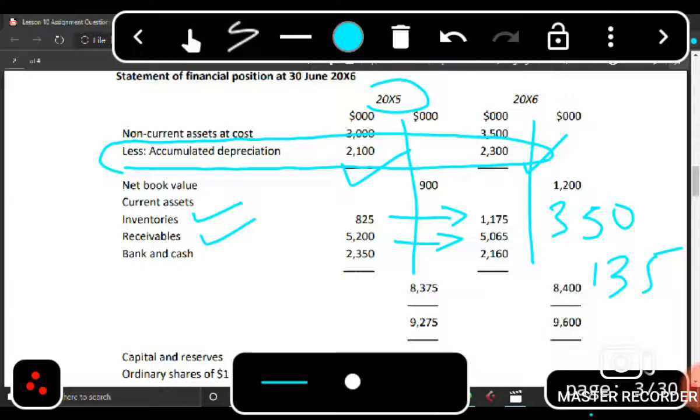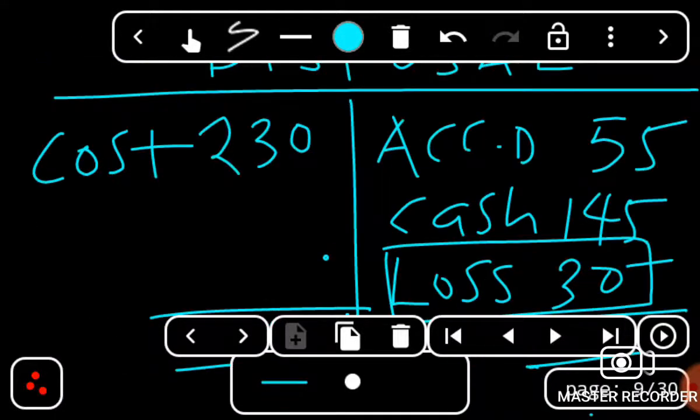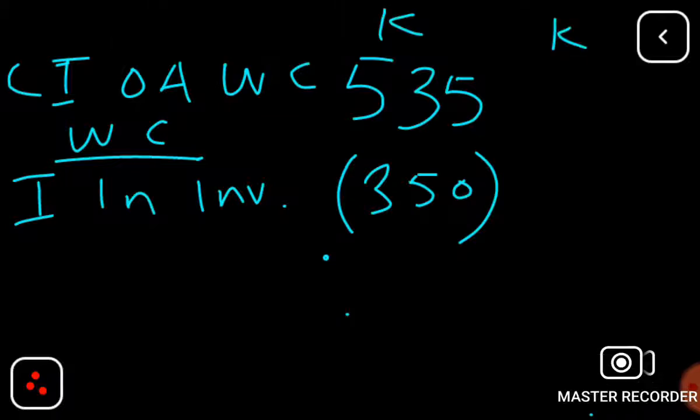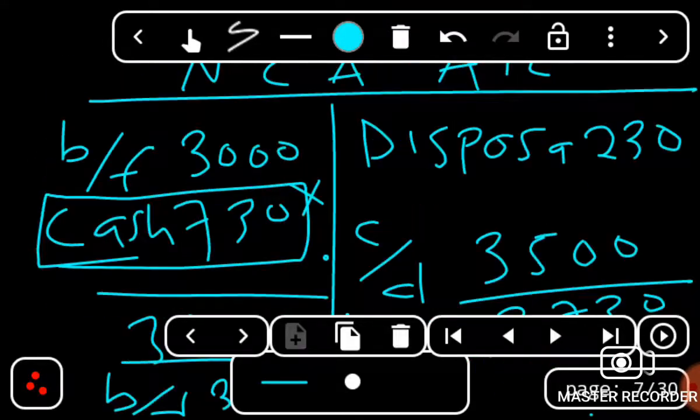So we're going to include it as a positive figure in our cash flow statement: a decrease in receivables, 135. So let's check on payables now.